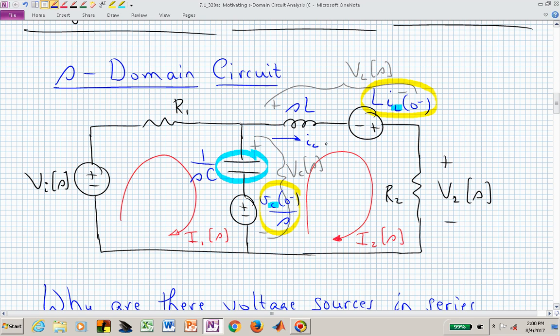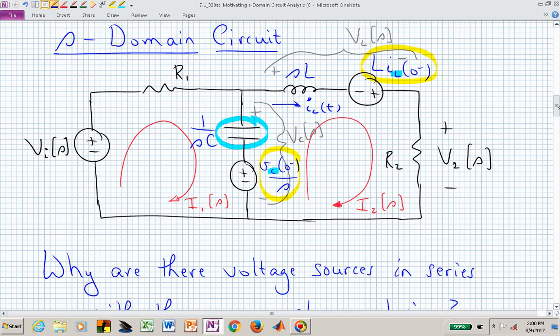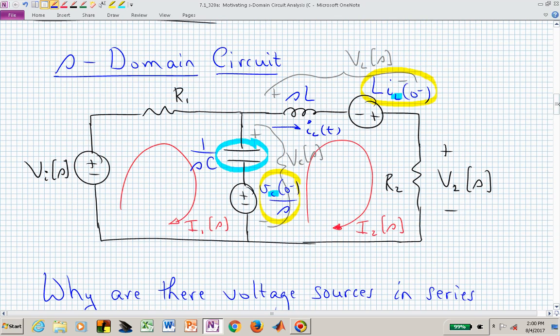Maybe that inductor current is going left to right in a positive manner. Then once we have that defined, we could set the value of that source voltage based on that initial condition. But otherwise, everything looks the same. The R's come over exactly like they did in the time domain. It's just now we do have some impedance expressions. Just think of these like generalized resistors for our energy storage devices.